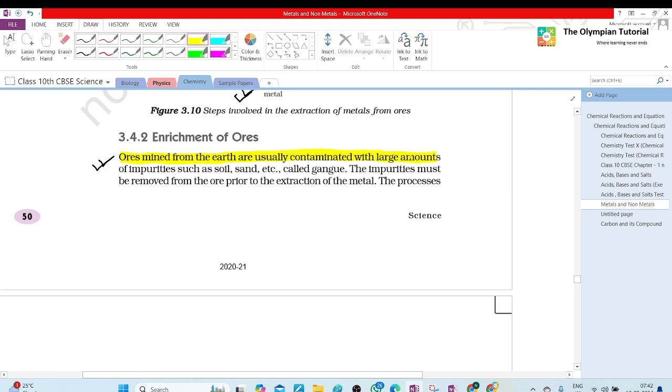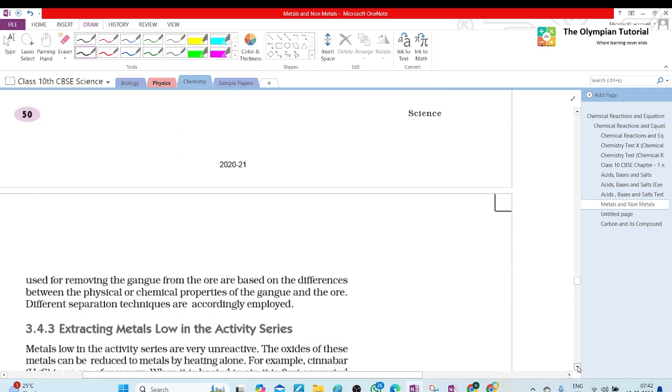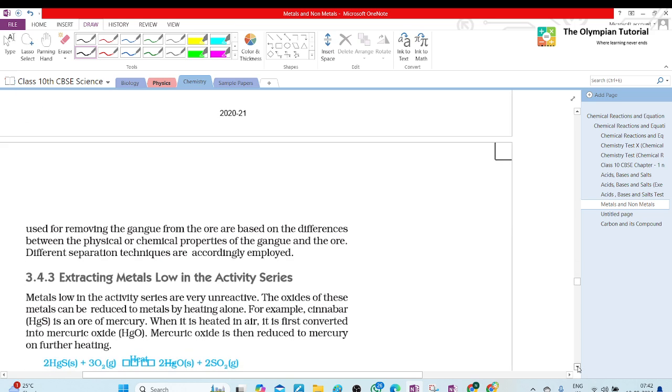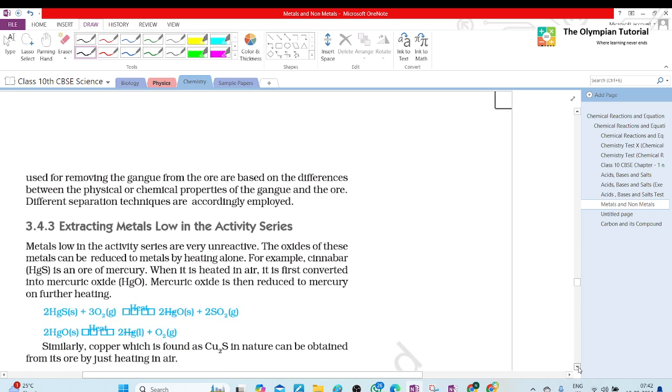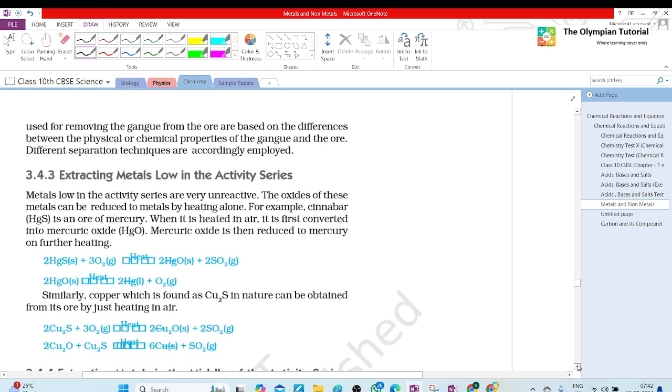The impurities must be removed from the ore prior to the extraction of the metal. The processes used for removing the gangue from the ore are based on the differences between the physical or chemical properties of the gangue and the ore. Different separation techniques are accordingly employed.